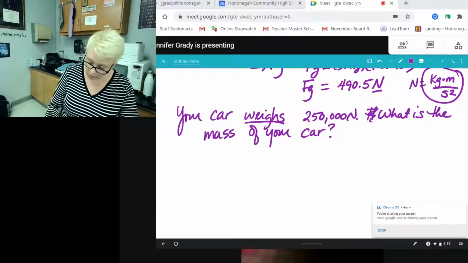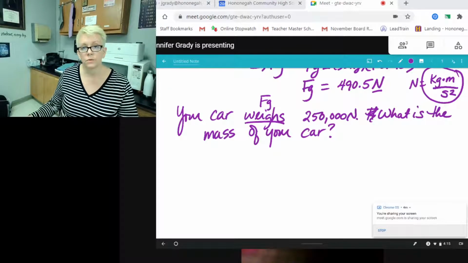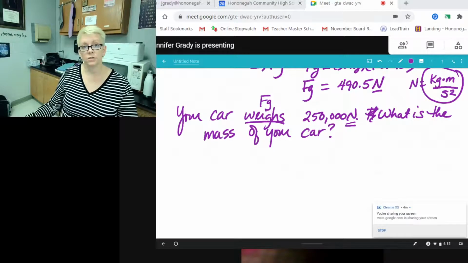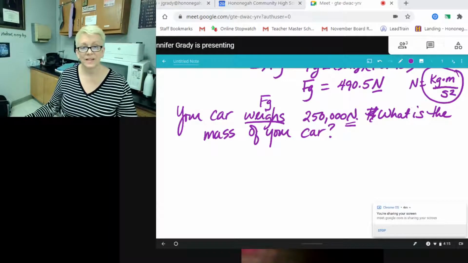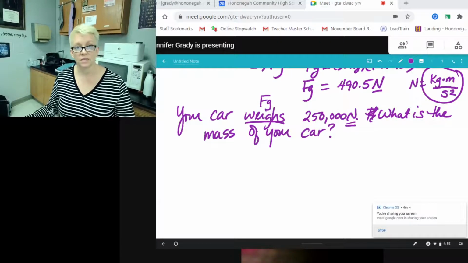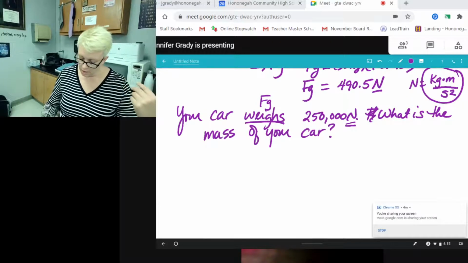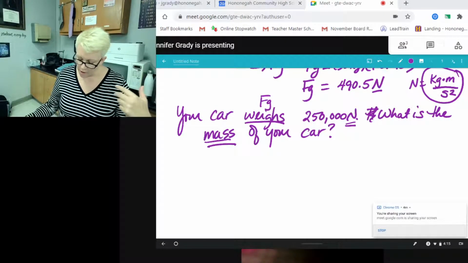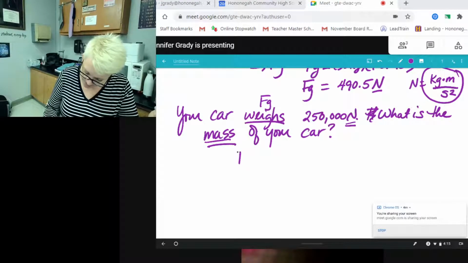That's referring to a force. Weight always refers to a force. In this case, of course, it is Fg. Notice the unit is already in newtons. That's going to give you a hint as well. I always like to use units to give me hints when I'm not sure what I'm looking at. What is the mass of your car? That one's pretty obvious.